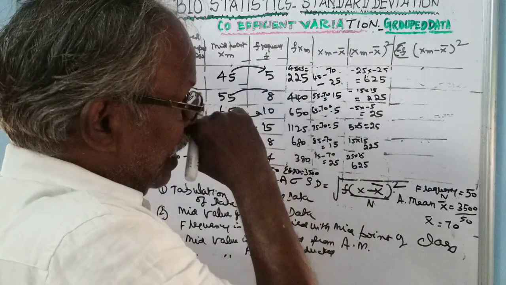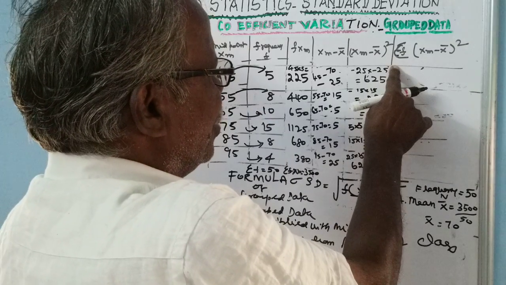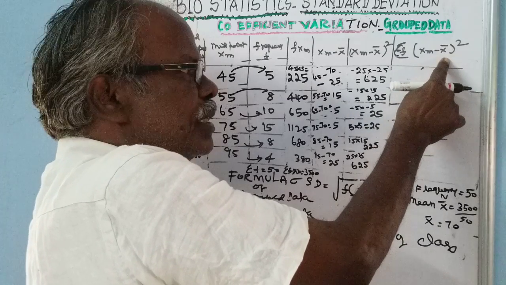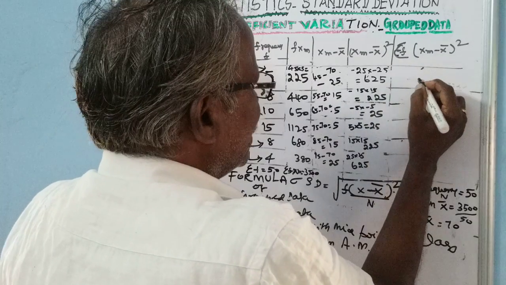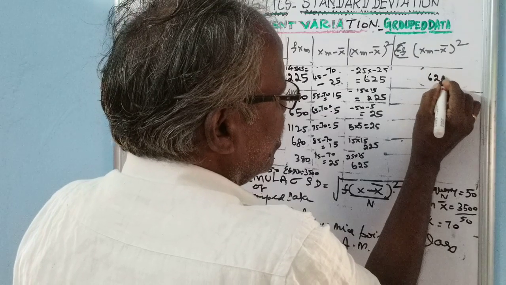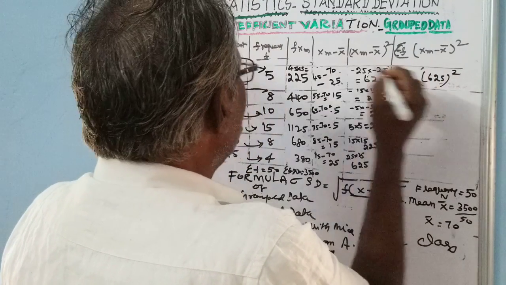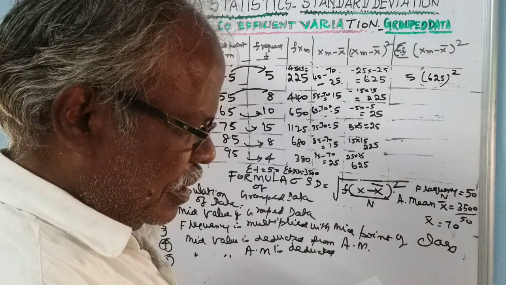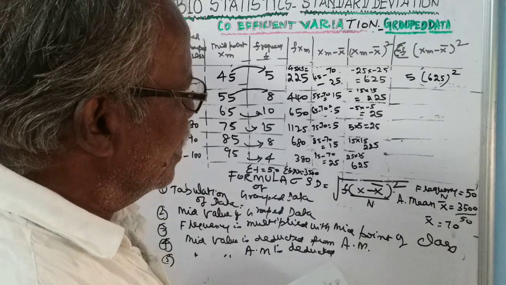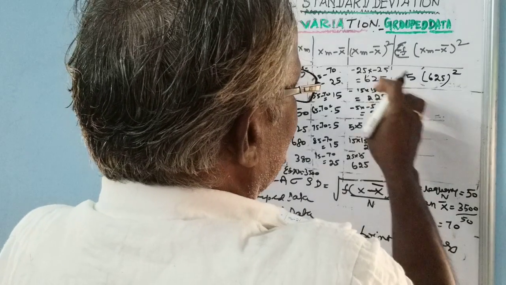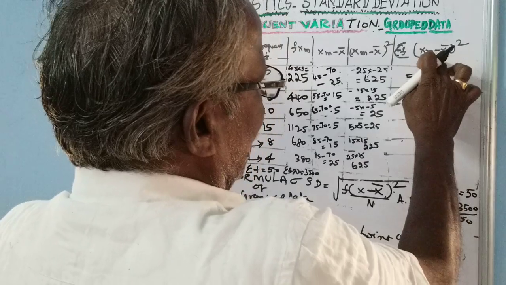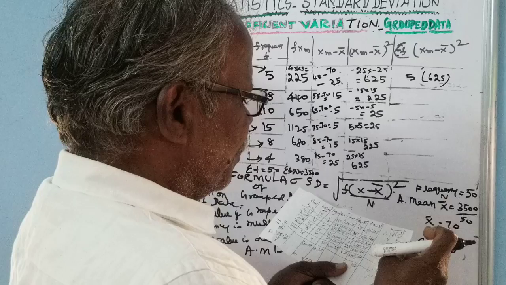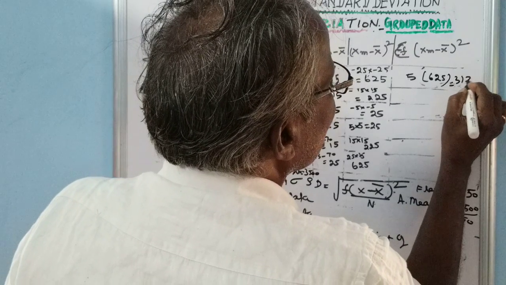Then it has to be multiplied with frequency, that is sum of f into x sum minus x dash square. The frequency is 5, and x sum minus x dash square is 625. 5 into 625 is equal to 3125.